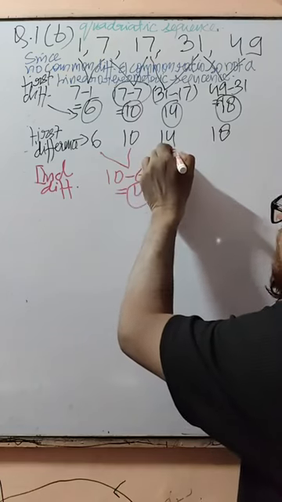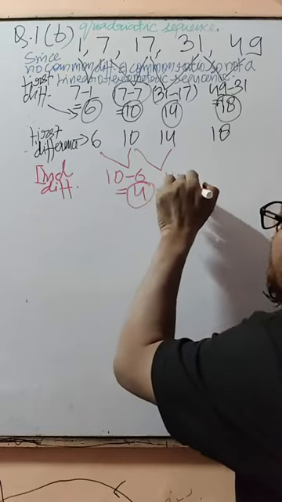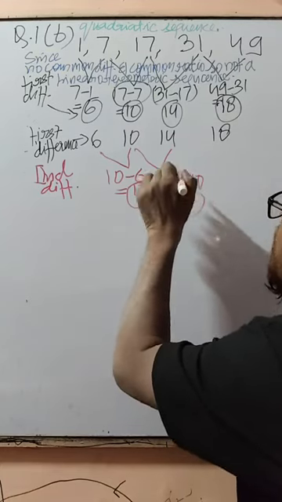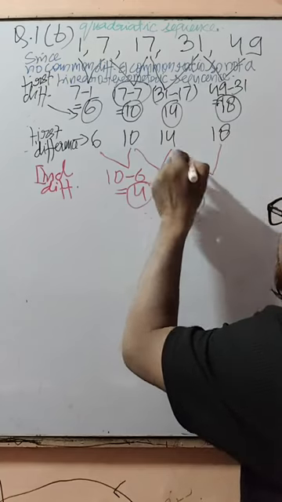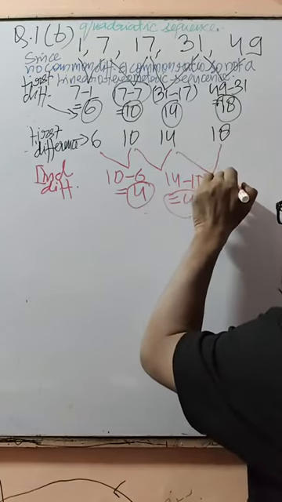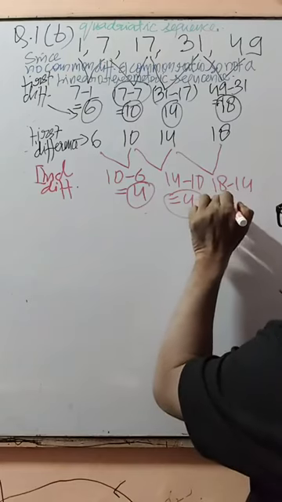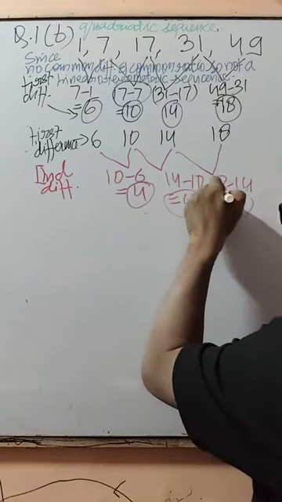Then we have 14 minus 10 is equal to 4, and 18 minus 14 is equal to 4, right? So this is 4.